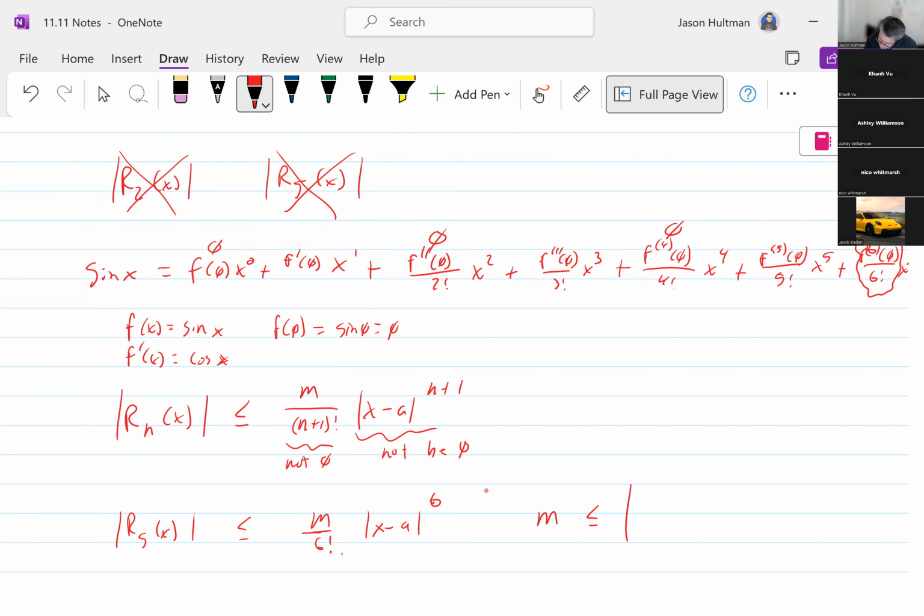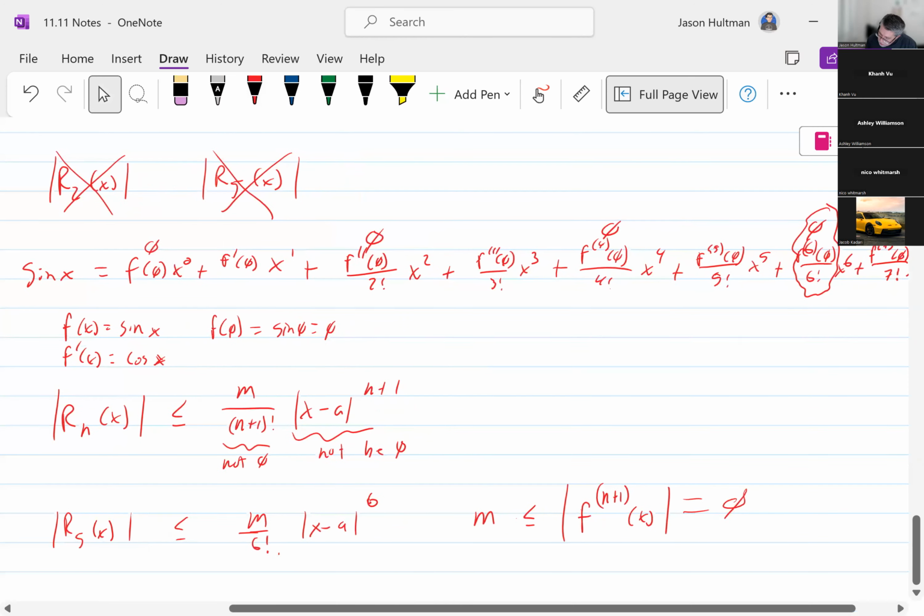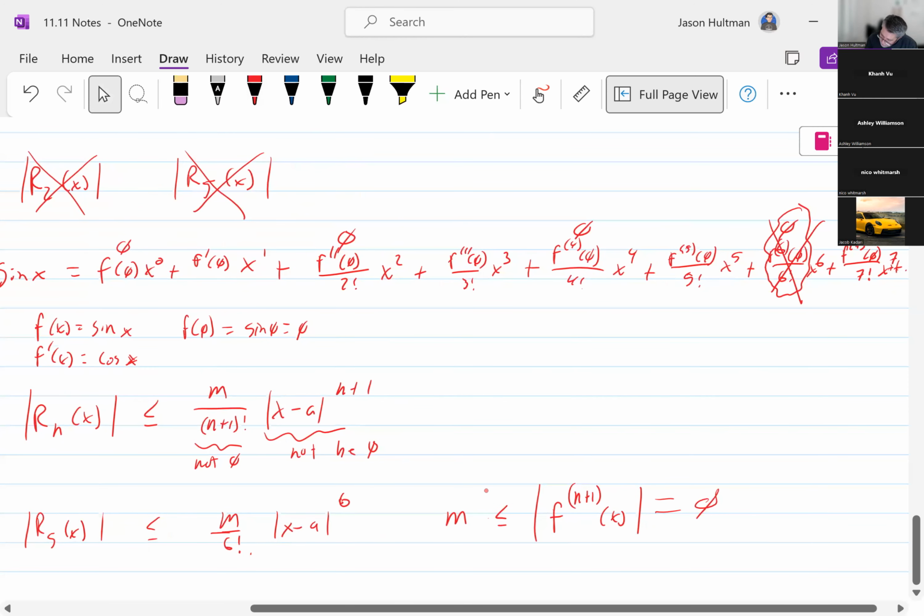Because how do I get my m? I get my m by going f to the n plus 1th derivative. My 6th derivative gives me my m of x. This thing is 0. That equals 0. So that m there is going to wipe everything out if n is 5. So I can't use 6 to get 5.